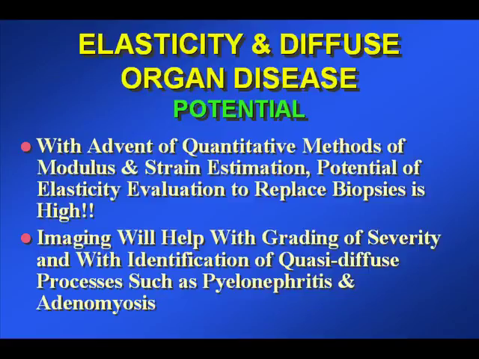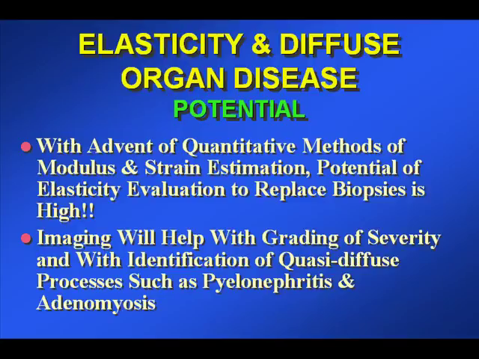So the potential, in summary, for diffuse organ disease is that it's got great potential. The advent of quantitative methods for strain estimation, such as the shear modulus estimation, means that you could possibly use elastographic evaluation to replace a number of the liver biopsies.